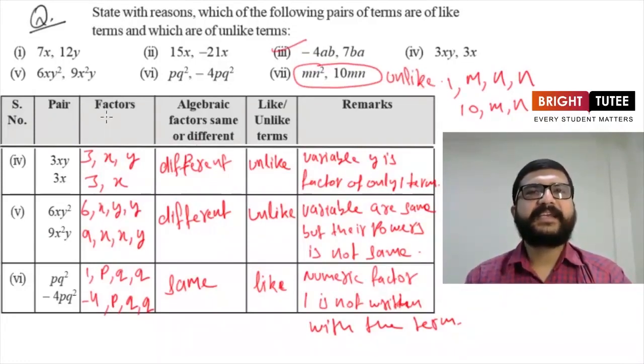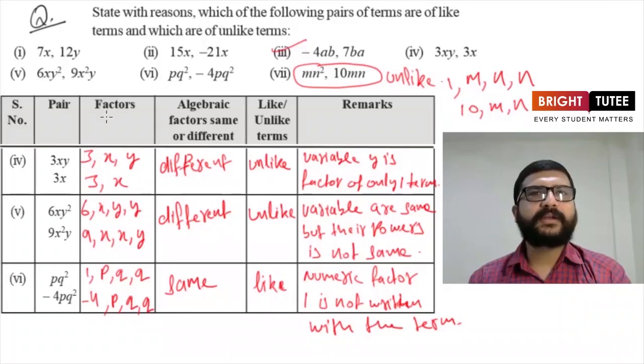So basically, for checking whether the terms are like terms or not, what we do, we check the variables included in the terms. If the variables included are exactly same and their powers are also same, then it means terms are like terms. We are only bothered about variables used in the terms.